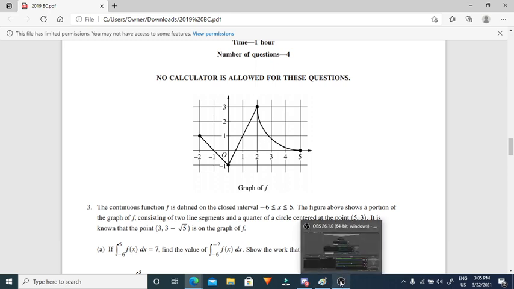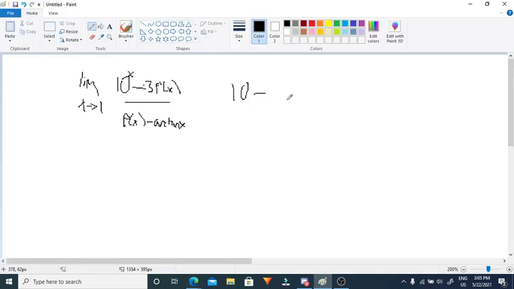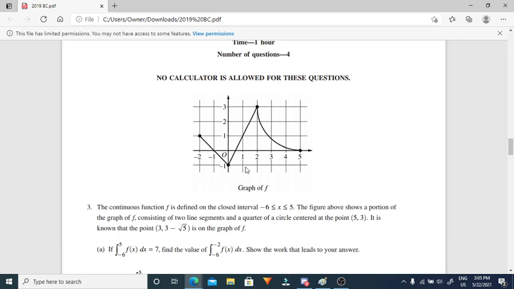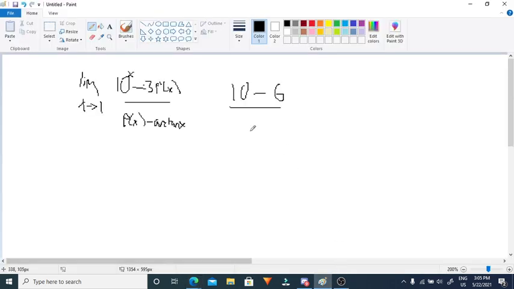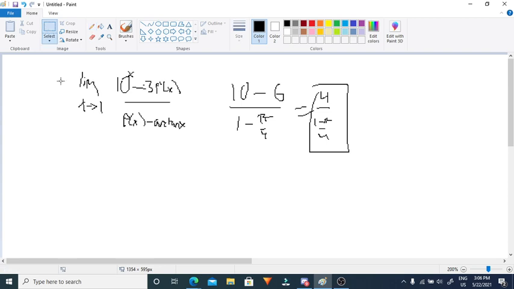So it's 2 times 3 is 6, 10 minus 6 over f of 1, which is 1, minus arctangent of 1, which is pi over 4. Which means we get 4 over 1 minus pi over 4 as our answer. There we go.